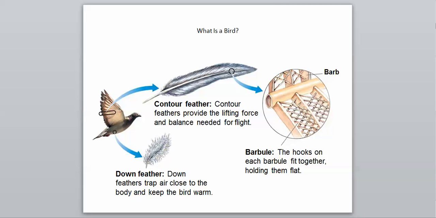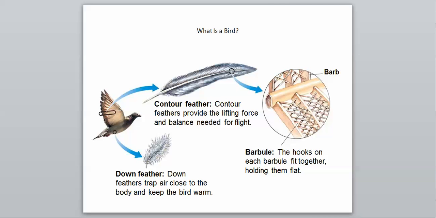A down comforter really keeps you warm because it is made from bird feathers, which have all those little air pockets inside that help hold the heat in. Then we have the contour feather as our other type. These provide lifting force and the balance needed for flight. They help the bird get lift to take off and make them capable of flying, and they also help them keep their balance.